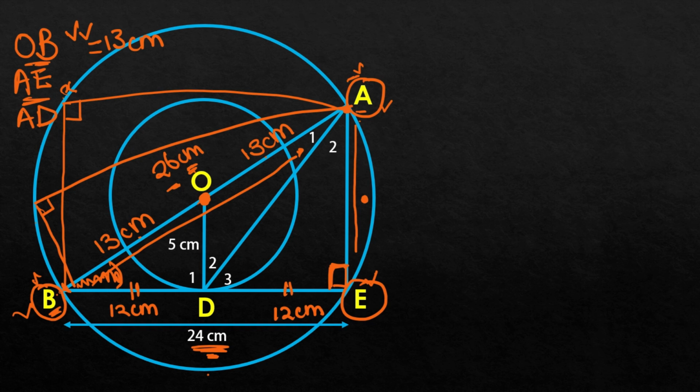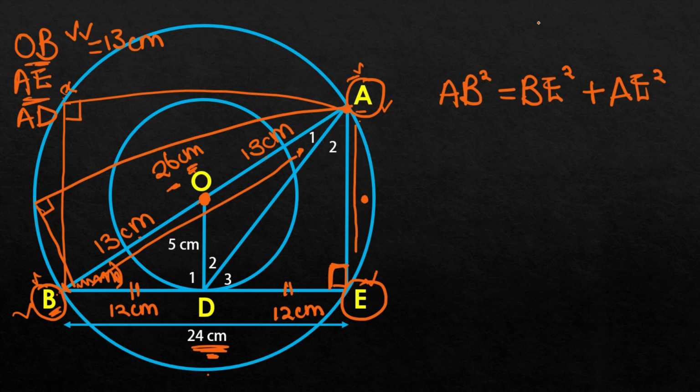So the theorem of Pythagoras, we're going to say AB squared, because it is the hypotenuse or the longest side, is equal to BE squared plus AE squared.